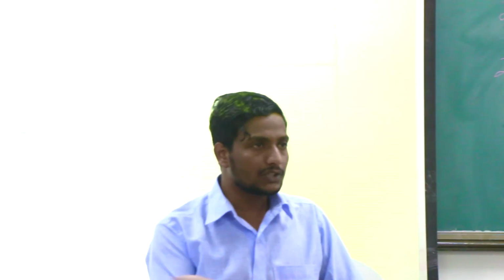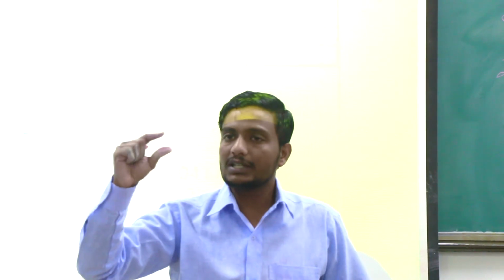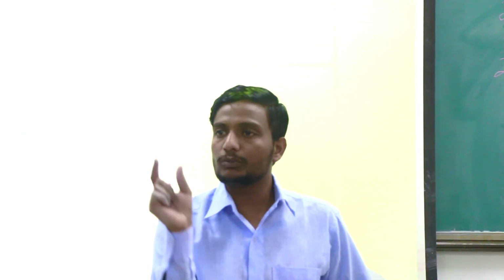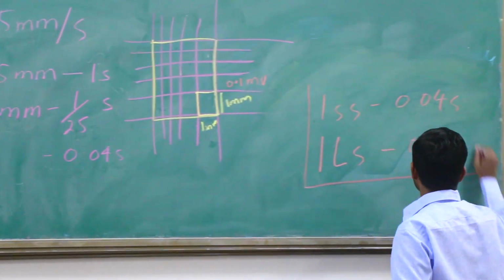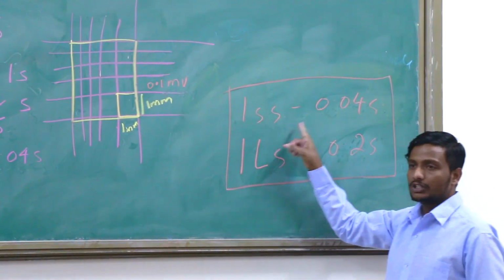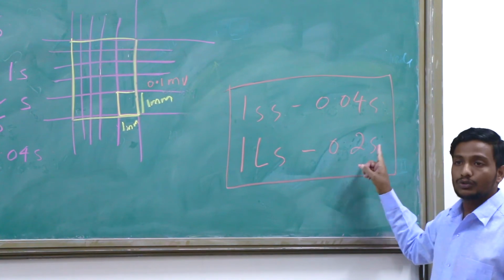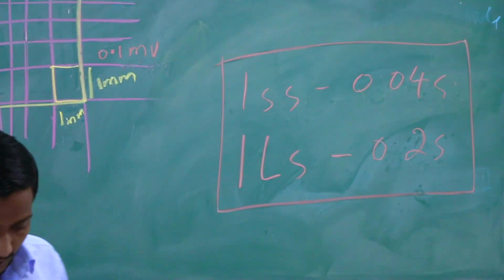So remember, x-axis for time, y-axis for the voltage. One small square is equal to 0.1 millivolt, and one small square in the length is equal to how much? 0.04 seconds. So this one I want all to remember. For the time, on the x-axis, in the length, one small square is equal to 0.04 seconds, and one large square is equal to 0.2 seconds. Clear to you?